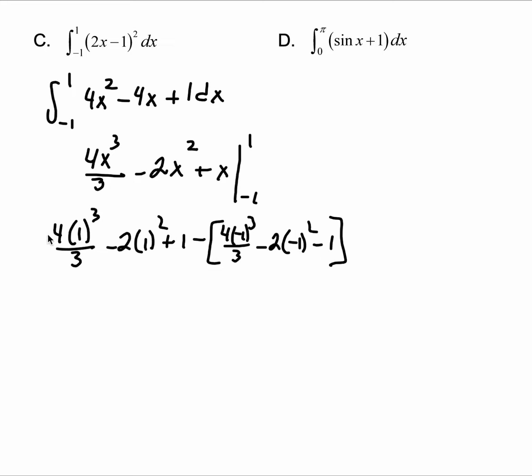And again, when you simplify this, make sure that you distribute the negative to all the terms. And you should see here that this 2 is going to cancel out with this 2, and this just becomes 4/3, and this also becomes 4/3. So you're going to have 8/3 plus 2. Okay, 8/3 plus 2. And your final answer should be 14/3 after it's all said and done.